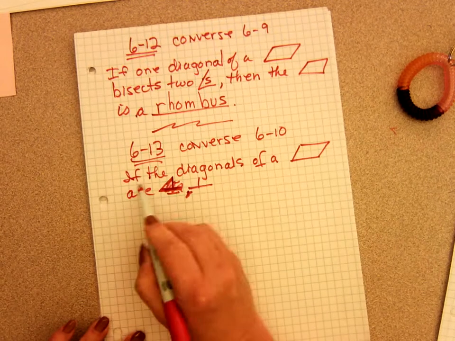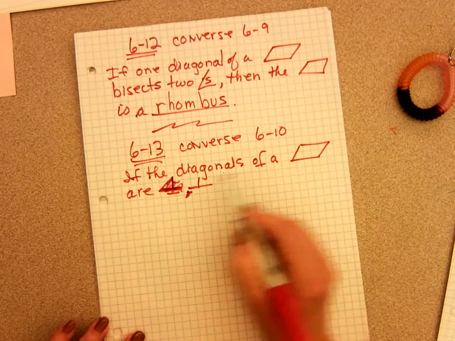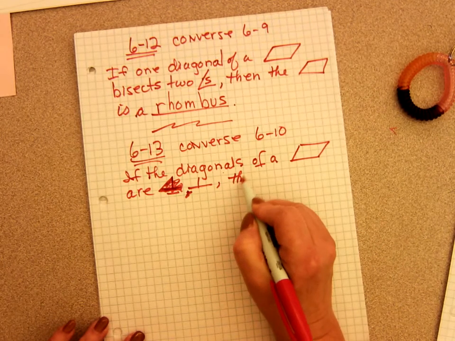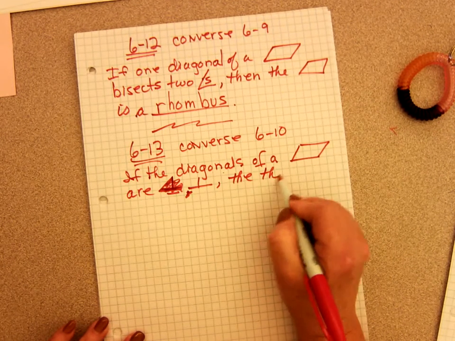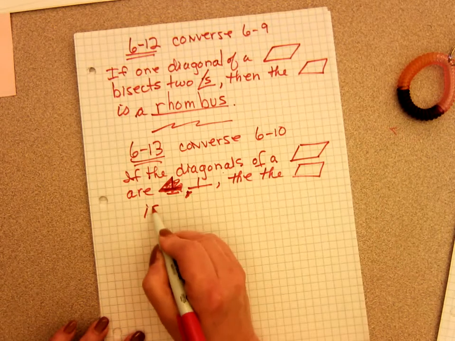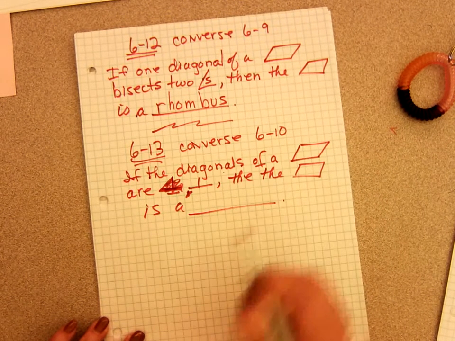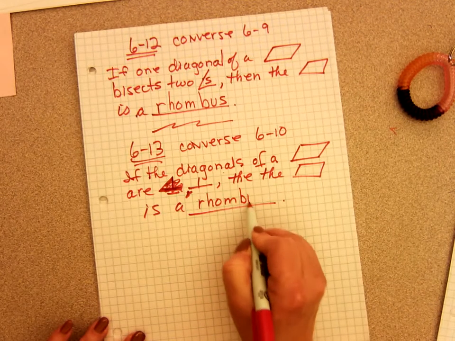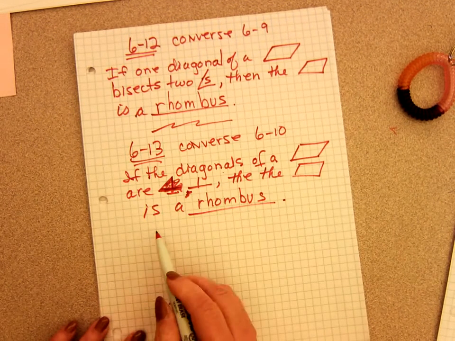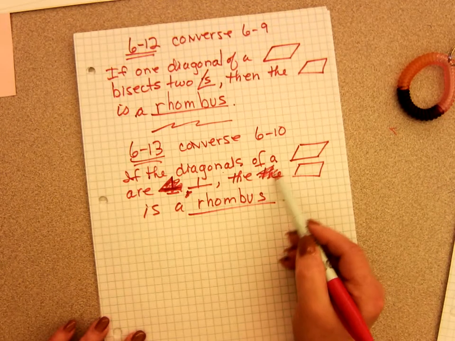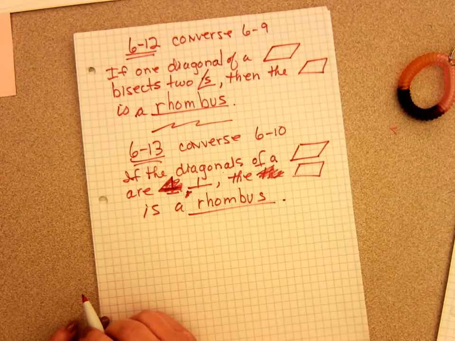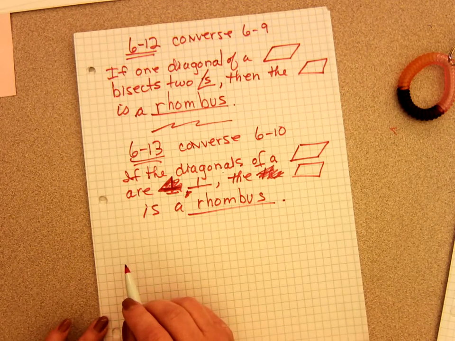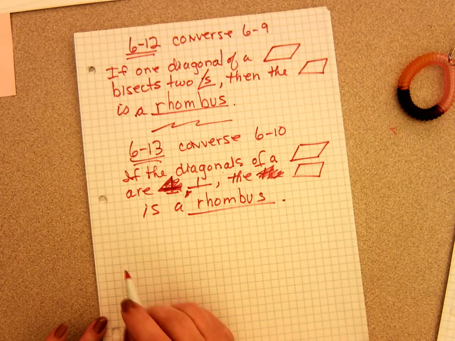So if the diagonals of a parallelogram are perpendicular, then the parallelogram is a rhombus again. Very good. If the diagonals of a parallelogram are perpendicular, the parallelogram is a rhombus.